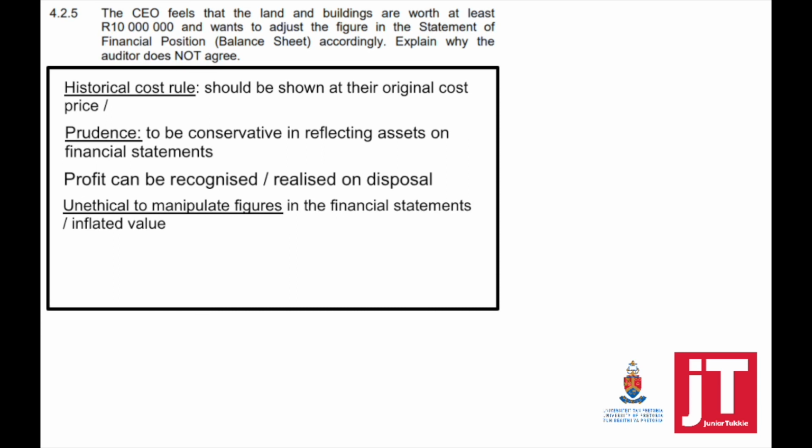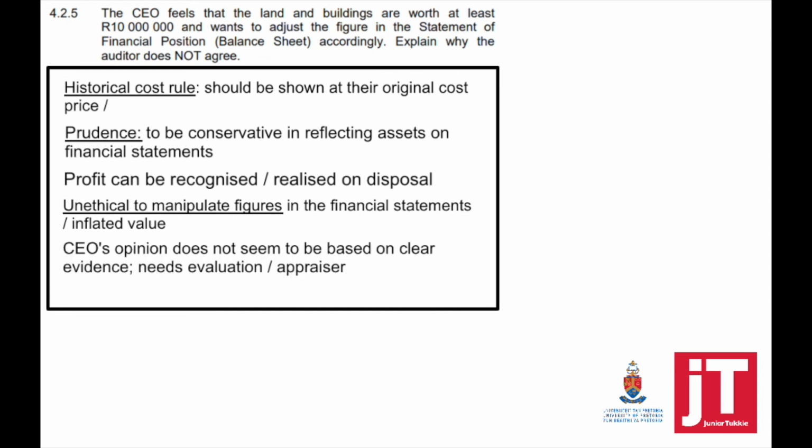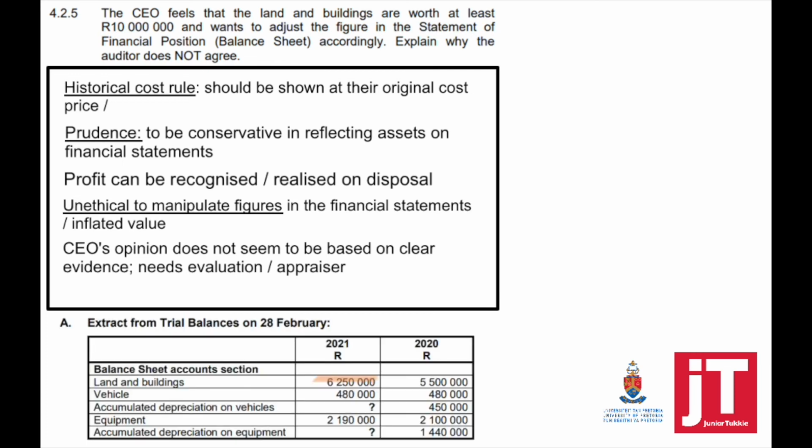And we might not even get the amount what it's worth by the time that we sell it. The CEO's opinion does not seem to be based on clear evidence, and needs evaluation by an appraiser. If we just compare, the land and buildings at cost is 6,250,000. He feels it is worth 10 million.